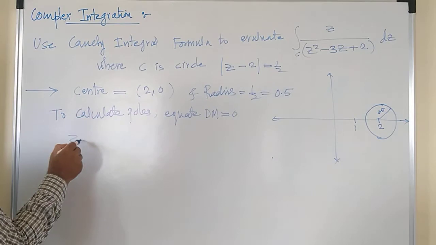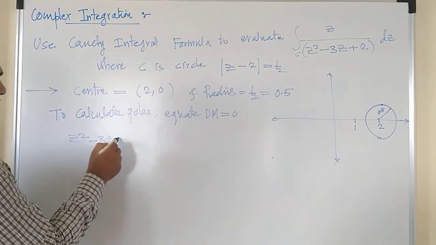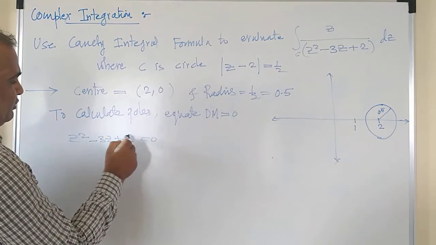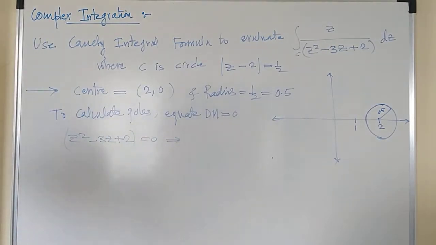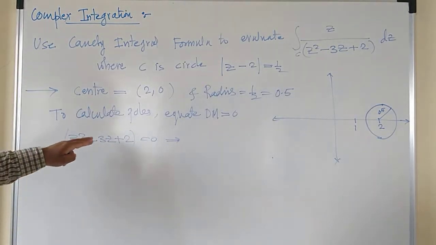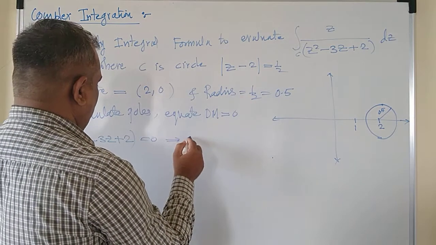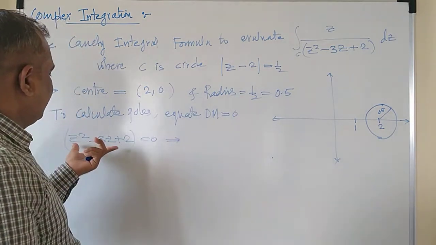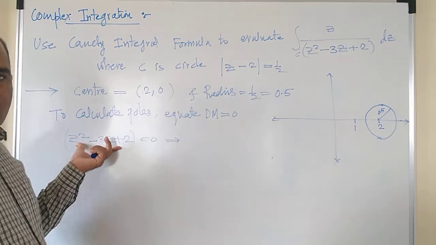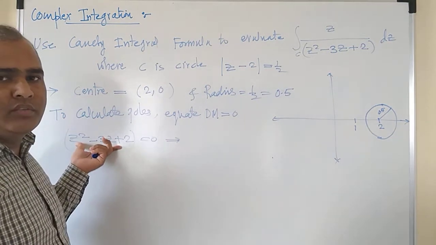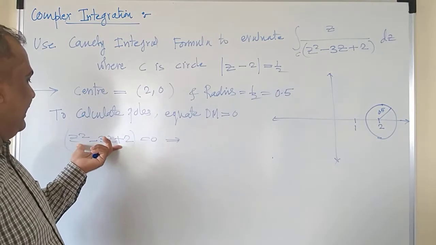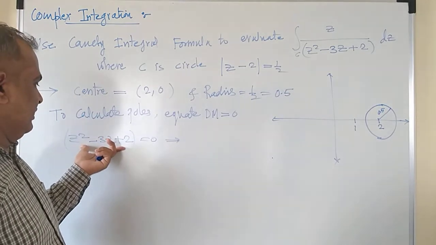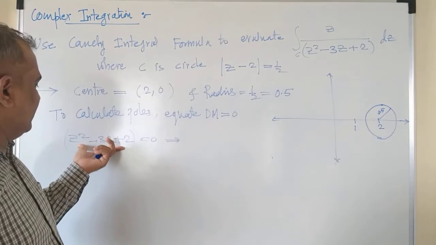This will give me z square minus 3z plus 2 equals 0, right? This is an algebraic equation, you can solve it by using minus b plus minus square root of b square minus 4ac upon 2a, or by factorization, you can use any one method.